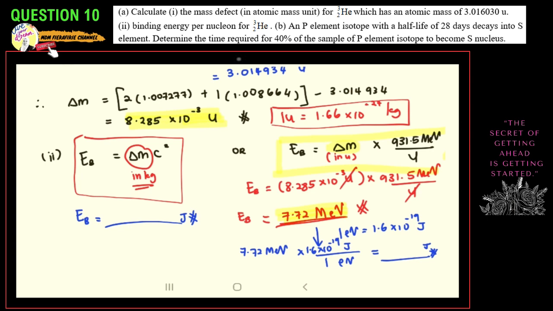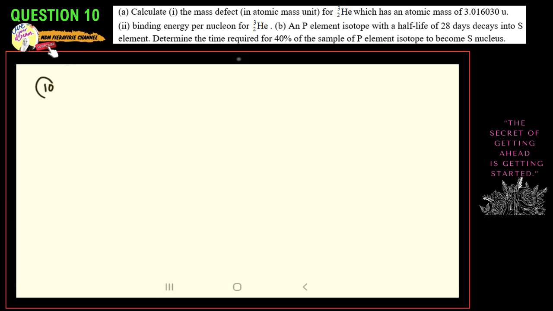Boleh? Okay, so proceed to question 10B, the last one. An element P isotope with a half-life of 28 days decays into S element. So kita ada P with beta decays to S, and given that the half-life is equal to 28 days. Determine the time required for 40% of the sample of P element isotope to become S nucleus. So let's say we have P element here.